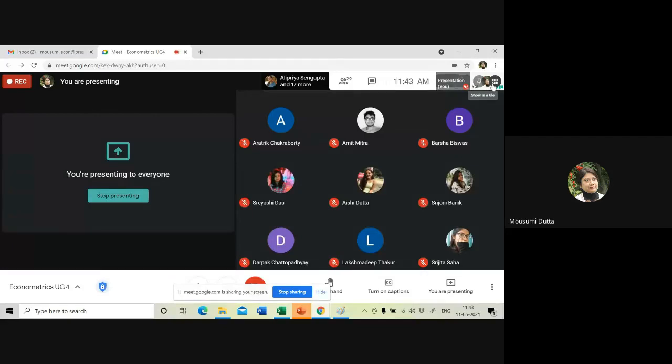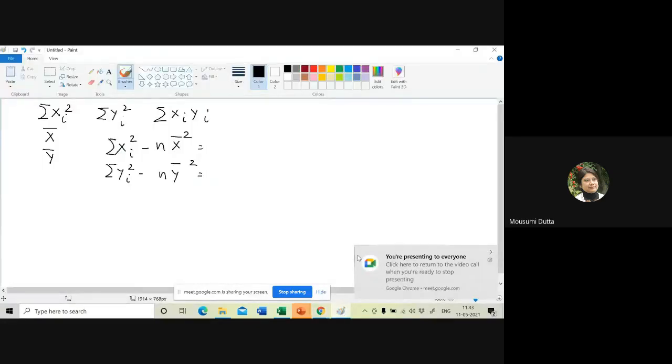Consider a sample of 20 observations corresponding to a regression: Yi is equal to alpha plus beta xi plus ui, where ui is normal with mean 0 and a constant variance sigma square.